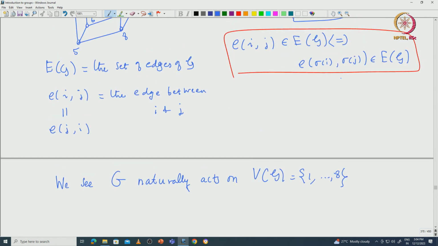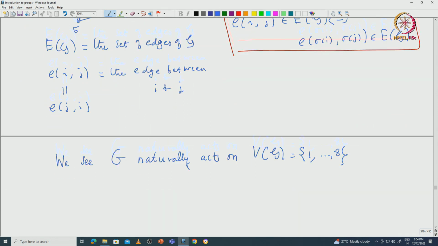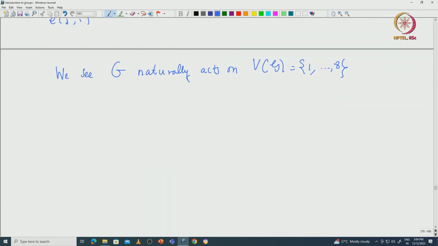G is a subgroup of S8, and S8 acts on 1 to 8 by permuting 1 to 8. So, in particular, G being a subgroup of S8, the same action is there by permuting the vertices. I will leave it to you to check that this action is actually a transitive action. So, check.